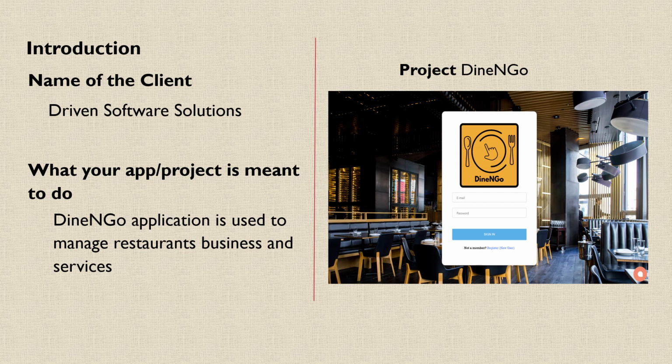Also, there is a login screen, which is visualized in this particular slide. So this is a great UI, and it tries to display the DineNGo tables, and we have a login UI which asks for the login information, which is a username and password. So this can be logged in as different kinds of users.